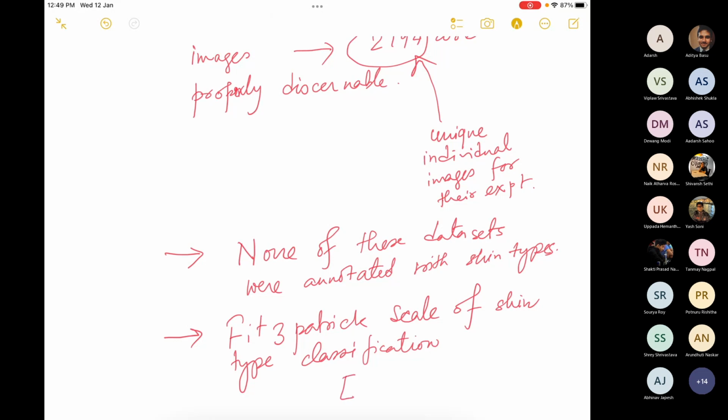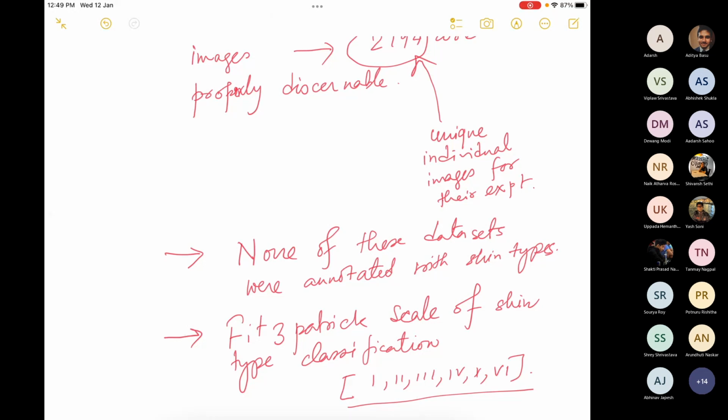This has 6 classification standards. The skin type is classified into 6 different standards.